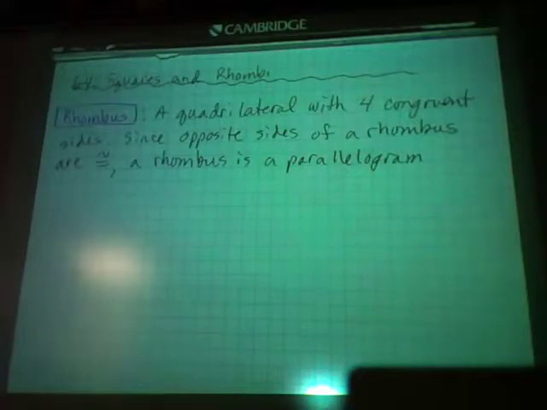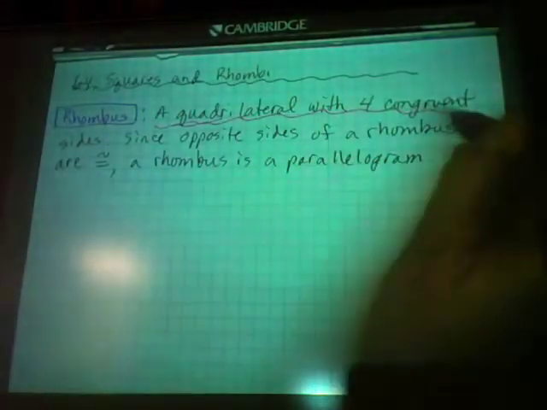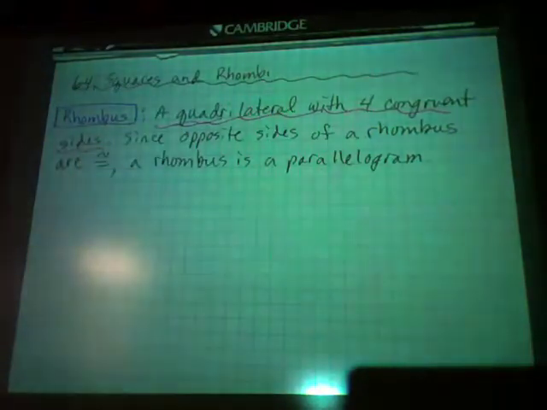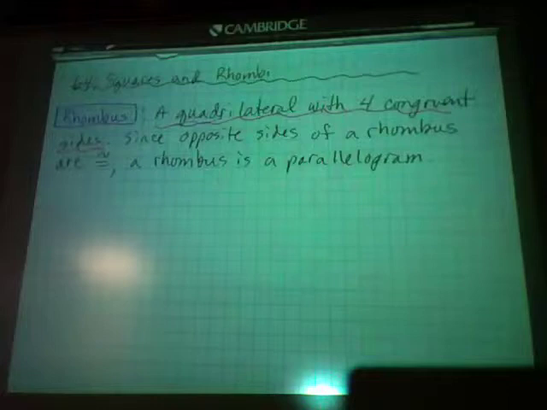But this is the main definition right here of a rhombus. Just a quadrilateral with 4 congruent sides. Because all 4 sides are congruent, it also falls under the family category of a parallelogram. So it also holds all the characteristics of a parallelogram.